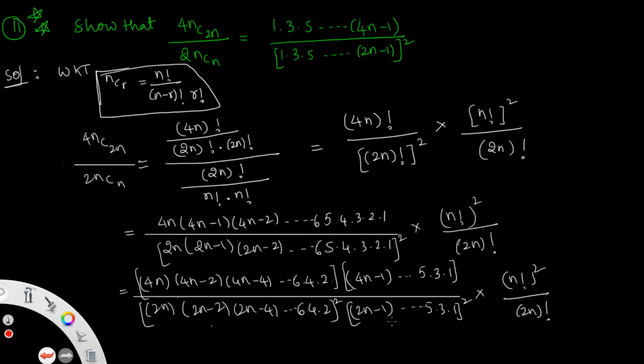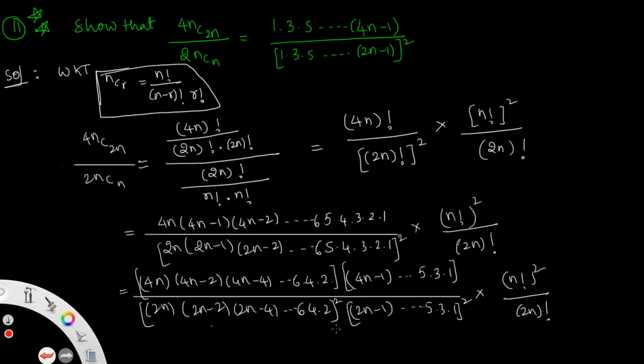Now I am writing the numerator, the 4n factorial. I am splitting it into even numbers and odd numbers. In the denominator also, the 2n factorial, I am separating into even terms and odd terms. The multiplication of both is the same, so you get the same thing. I am separating even terms and odd terms.